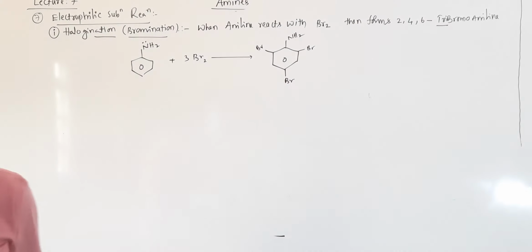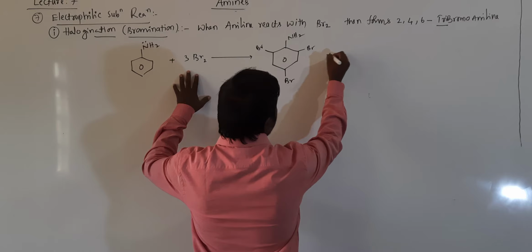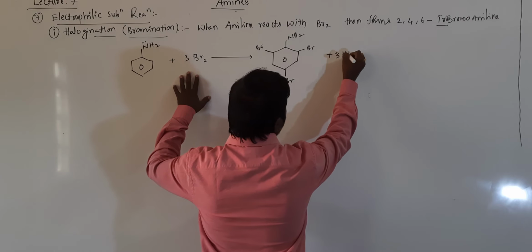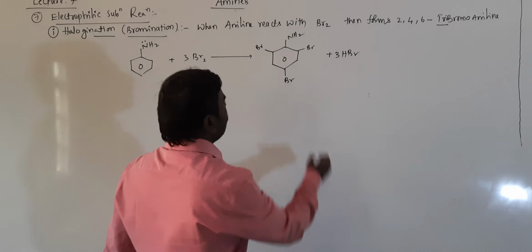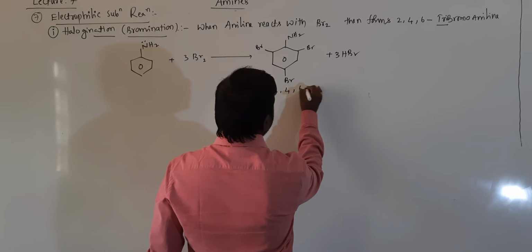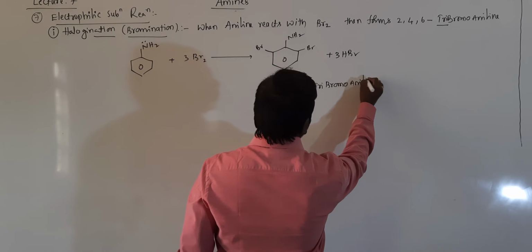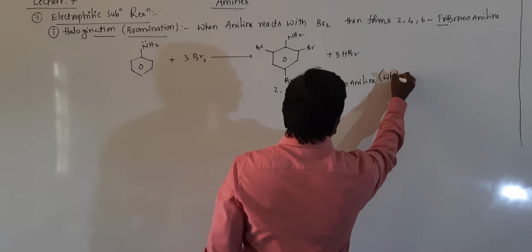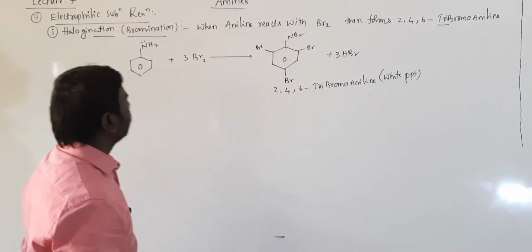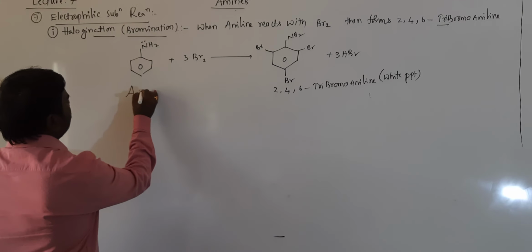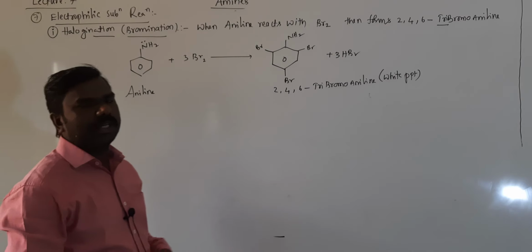Okay, now, so the byproduct is, here hydrogen is there, that hydrogen and bromine is eliminated, 3 hydrogen bromides. 2,4,6 tribromo-aniline will be formed. It is a white PPT, very important, white precipitate. Okay, this is aniline. So bromine water, I have taken bromination, students.